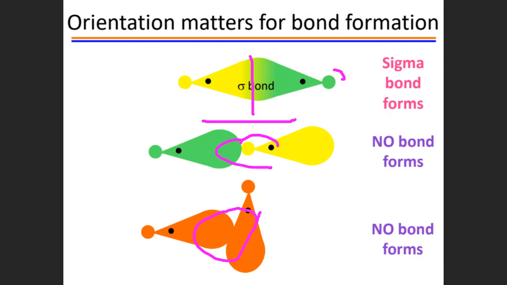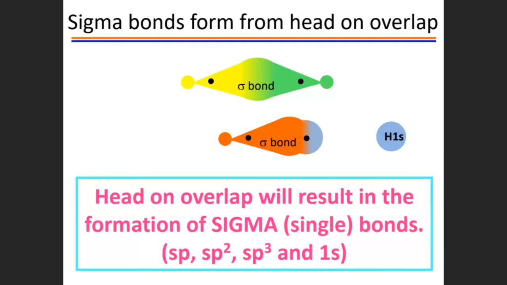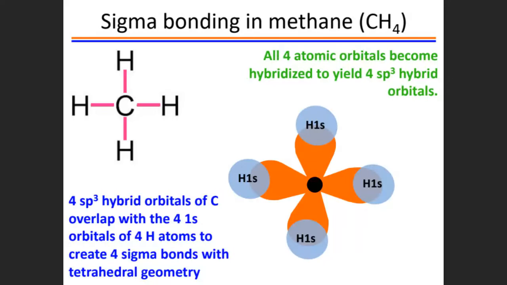So they have to come the right way to make the sigma bond. Head-on overlap will result in the formation of a sigma bond, from sp, sp2, sp3, and 1s. So they will make the head-to-head sigma bond. I think I already discussed how it forms.